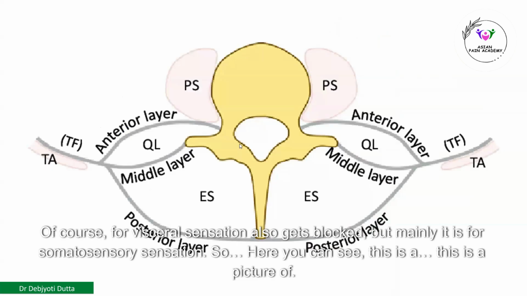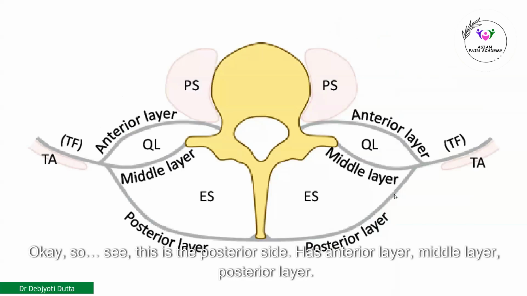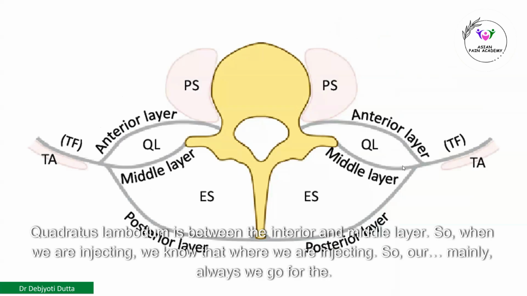Here you can see a picture of the thoracolumbar fossa. This is the posterior side. The thoracolumbar fossa has an anterior layer, middle layer, and posterior layer. Quadratus lumborum is between the anterior and middle layer. So when we are injecting, we know where we are injecting.